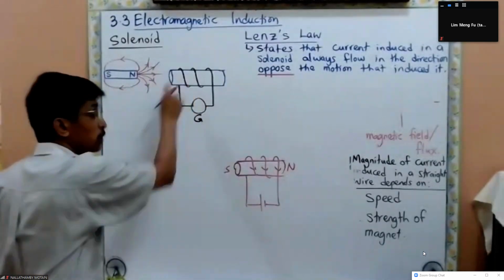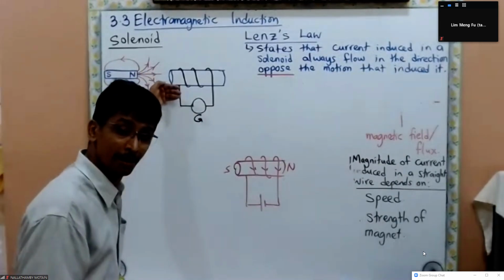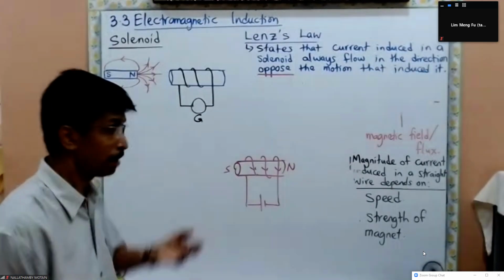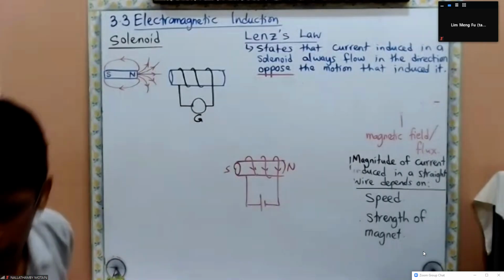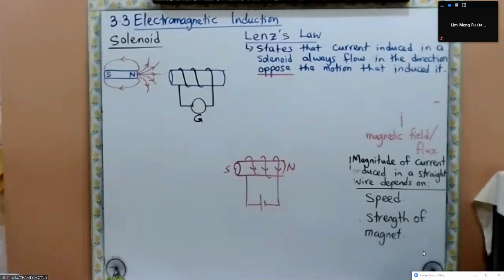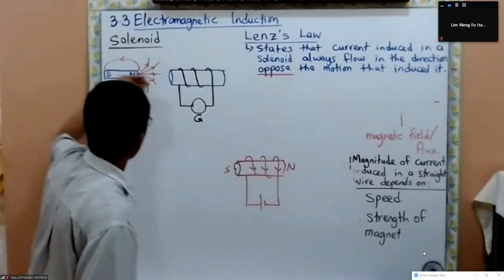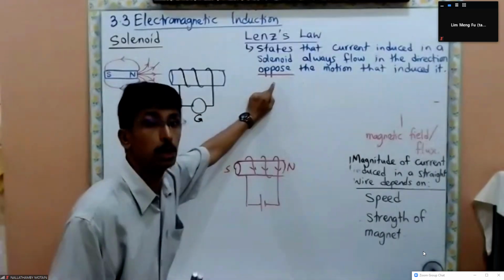So current induced, right? Why current induced? Magnet move in, it induce the current. So the induced current always opposed. So please underline the word opposed.